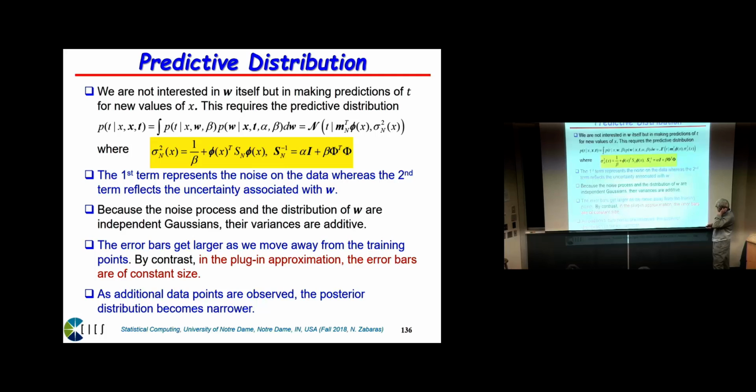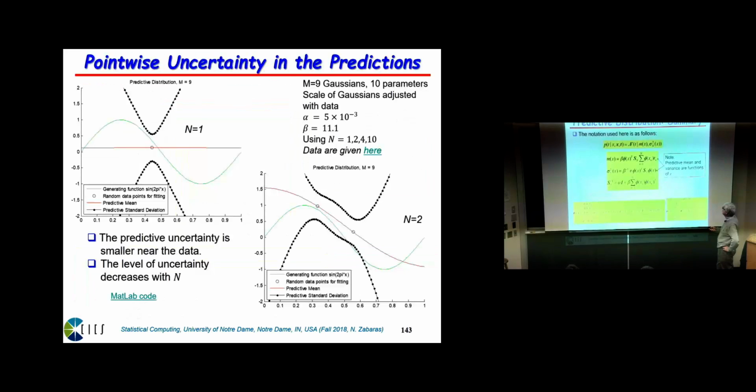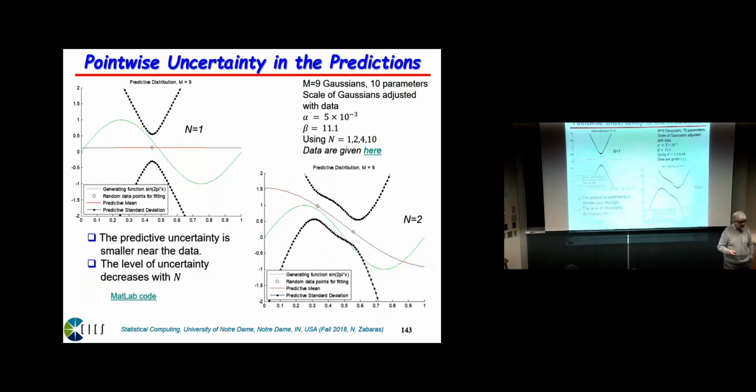There is a nice structure here. You can also write it in terms of kernels. If you look at this schematically, with one data point, the predicted distribution has very high uncertainty away from that data point.